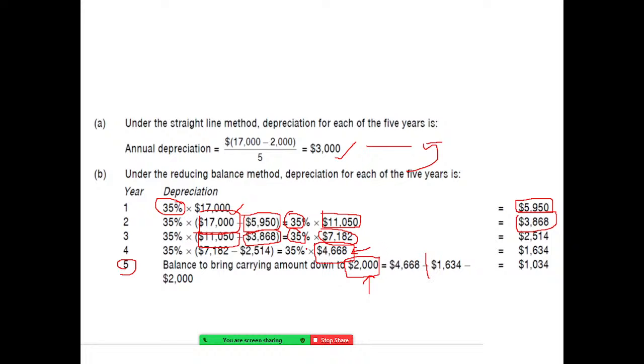So how much? 4,668 is the carrying amount at the beginning, and 2,000 should be the balancing figure, and additionally 1,634.